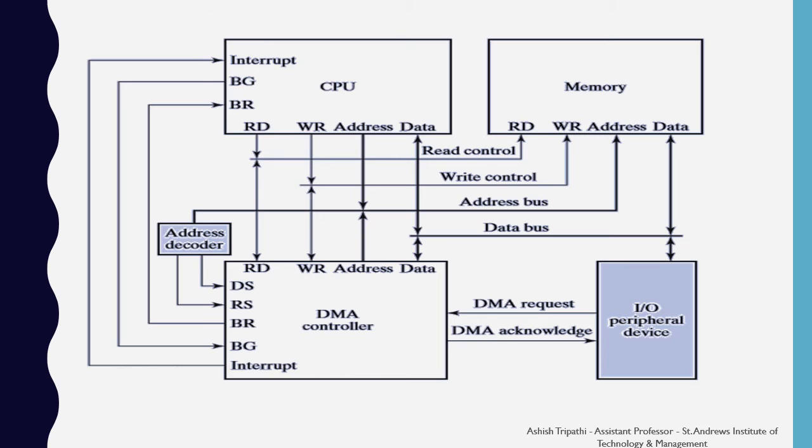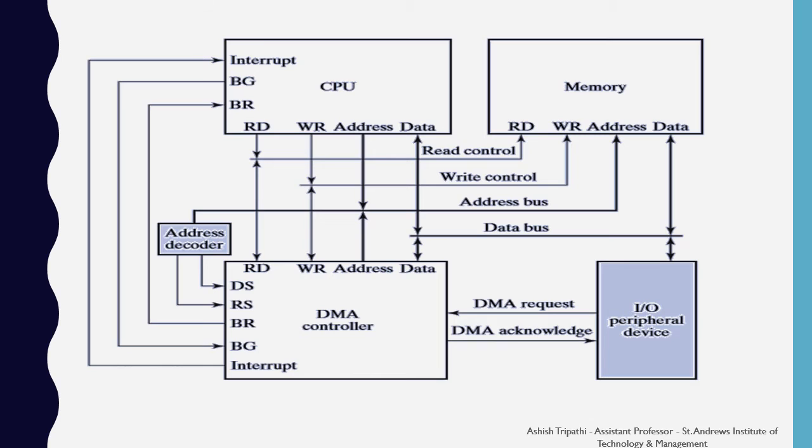After that, the DMA issues a bus request, that is the BR signal, to the CPU. The CPU grants the buses by setting BG to 1. Hence, after being granted the buses, the DMA controller starts the exchange of data with the input-output device. It acknowledges the data after the transfer has been done and then stores the data at the address given by the CPU in the memory.